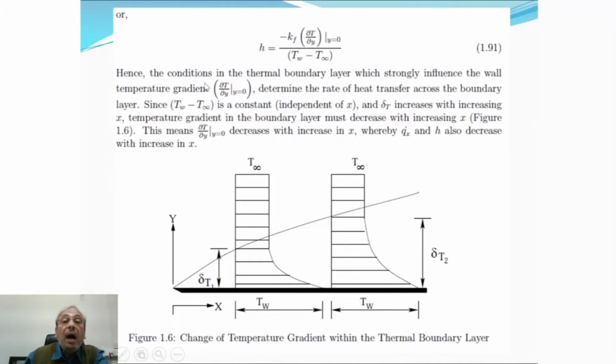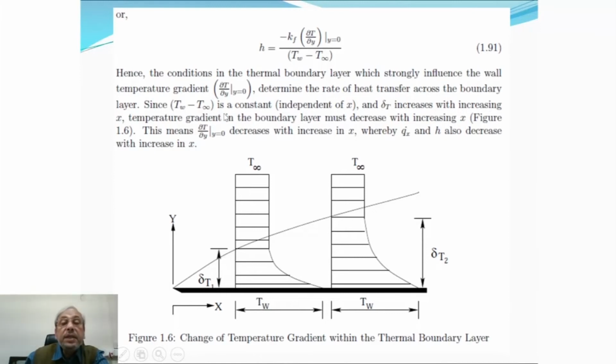Here the conditions in the thermal boundary layer strongly influence the wall temperature gradient, del T del Y at Y equal to 0, which determines the rate of heat transfer across the boundary layer. So obviously this gradient finally determines the heat transfer at the wall, from the wall to the fluid.